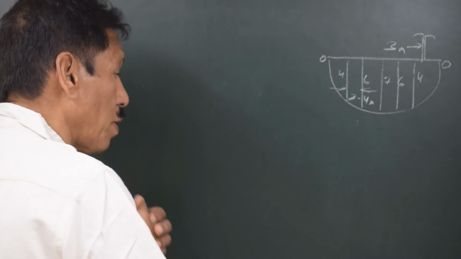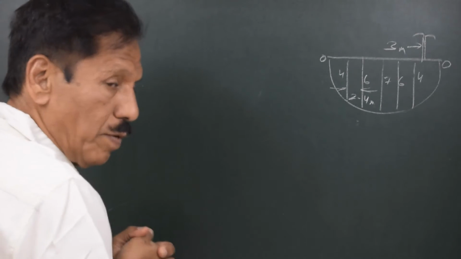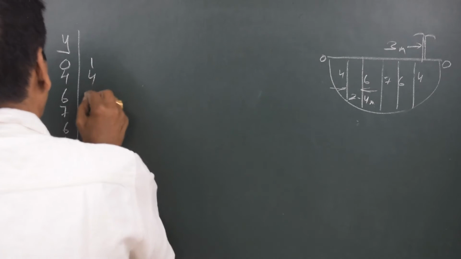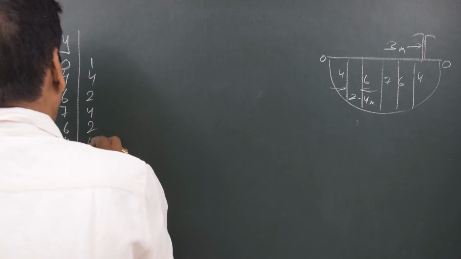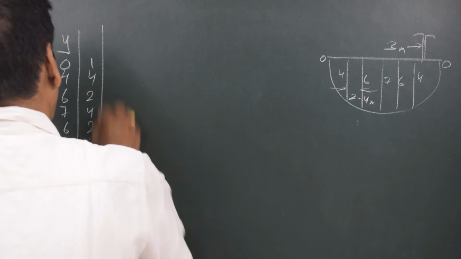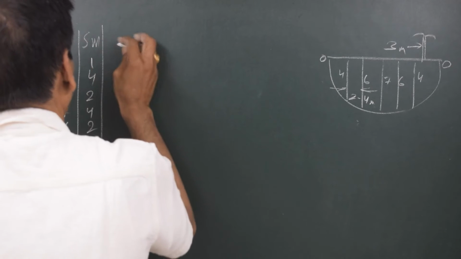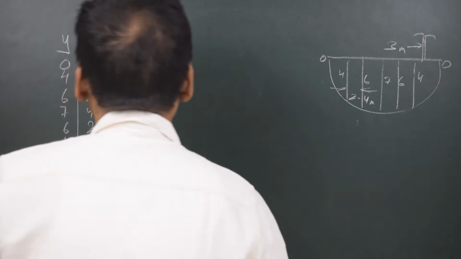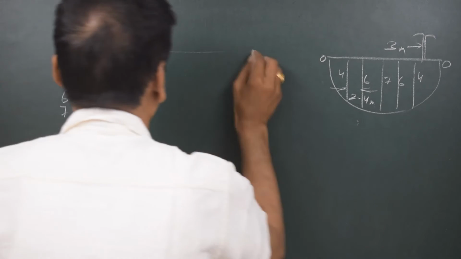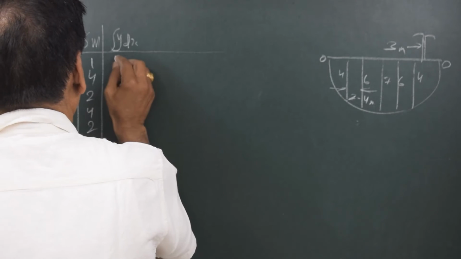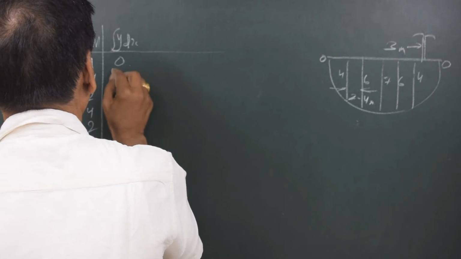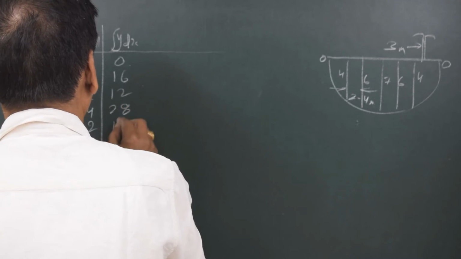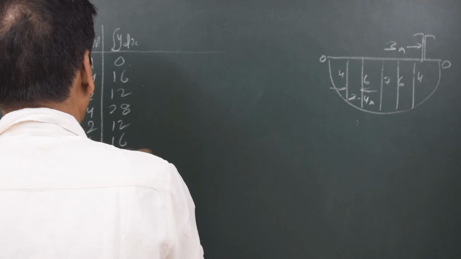So when number of segments are even in number, we can use rule number 1, and that would be 1, 4, 2, 4, 2, 4, 1. This is Simpson's multiplier. Next we have y dx, the product of first two columns: 0, 16, 12, 28, 12, 16, 0.